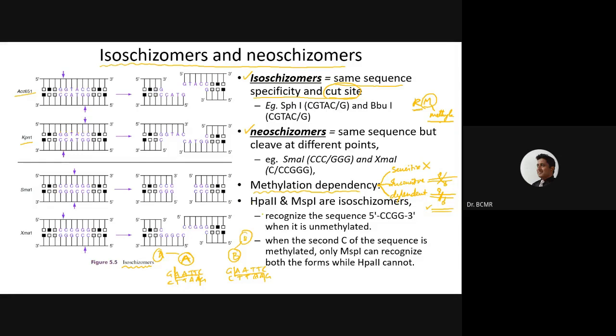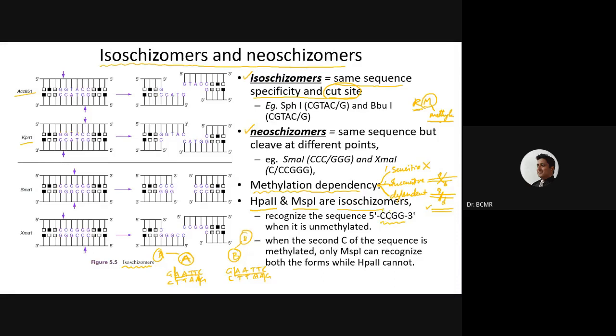So I want to talk on this one. HpaII and MspI are isoschizomers. Their recognition sequence is CCGG. They are 4-base cutters. And there is a problem because I was talking about sensitive and insensitive. C is the methylation point.